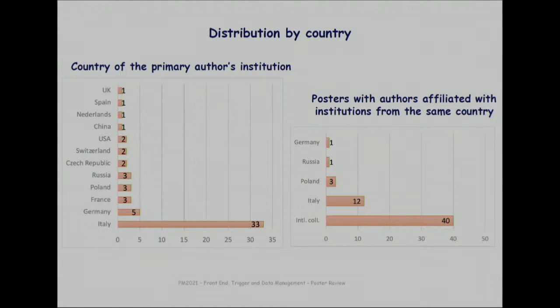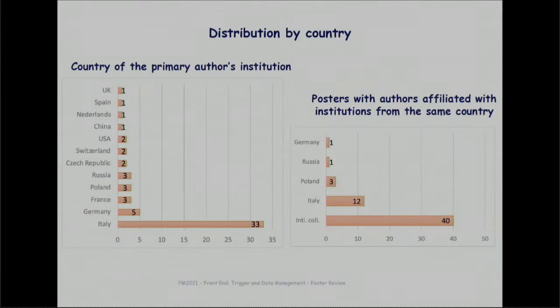And he also made the second statistics about where the posters come from. These are two different graphs. This here is the country of the primary author's institution. So you see many European countries, but of course the by far largest number is Italy. And then there's another statistic here.